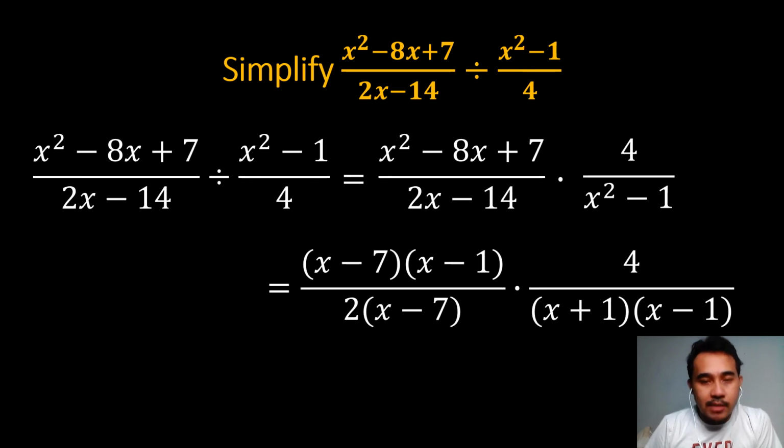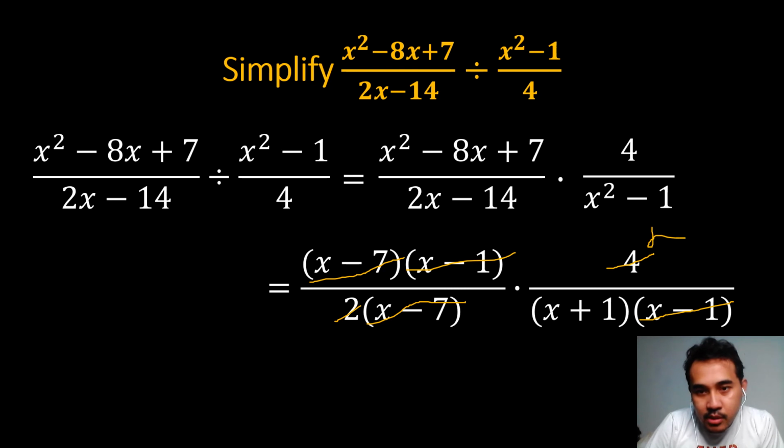So x minus 7 here, x minus 7 as well, x minus 1, then x minus 1. And then on the numbers 4 and 2, this will leave 2 here. And then the final answer is 2 over x plus 1.